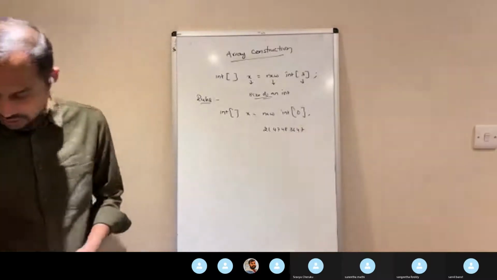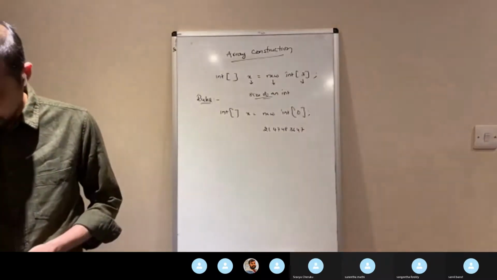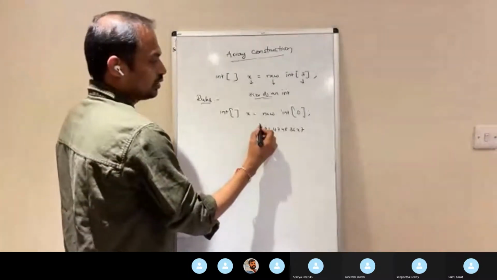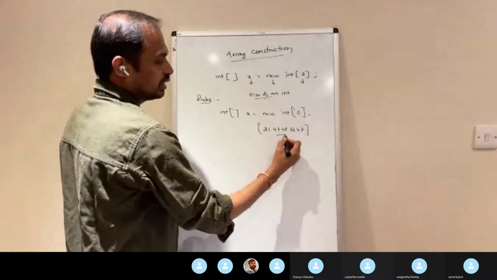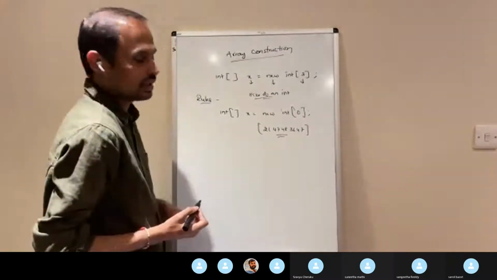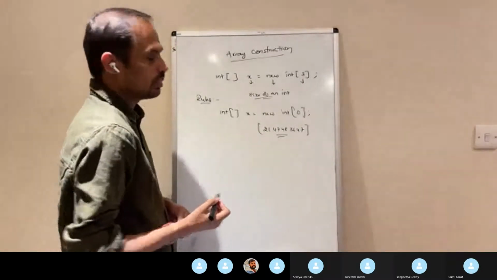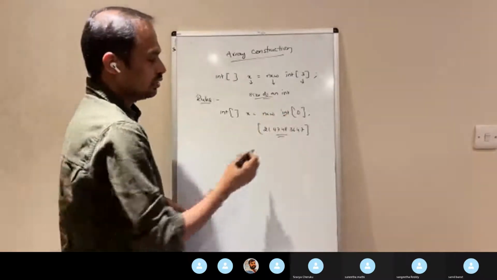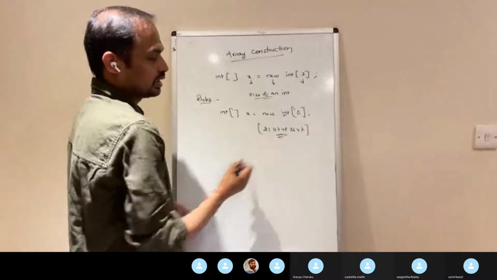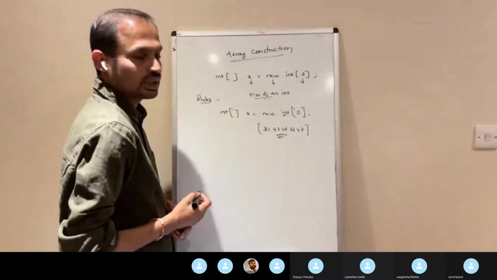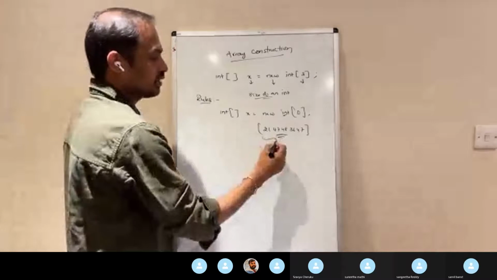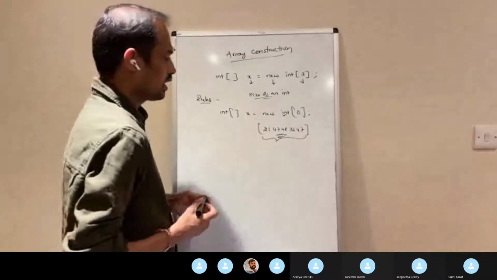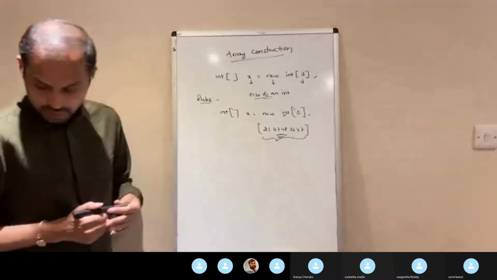What is the int value? 2147483647. So the range of an array should be this. This is the maximum array size that we can take, because we are considering only integer types. So the value should not cross more than this. The maximum size of an array should be this much. We can't take more than this. Okay, that is the second rule.